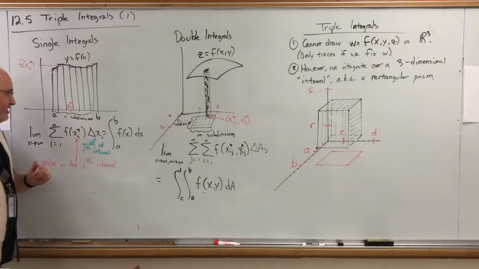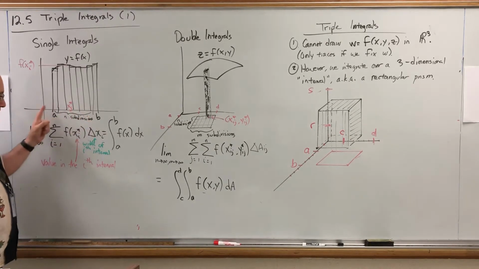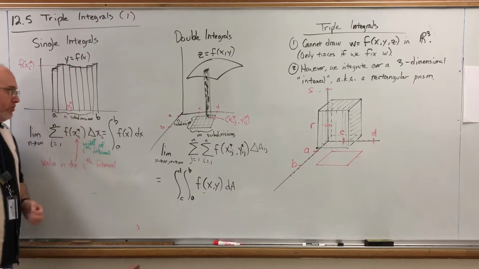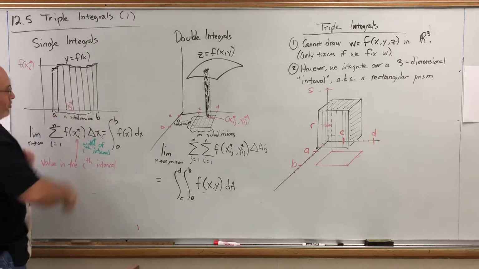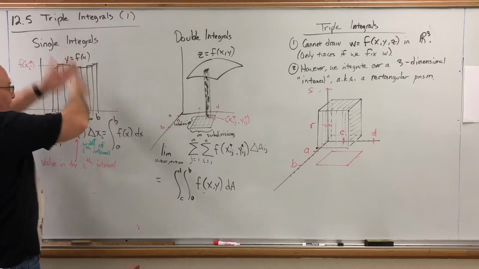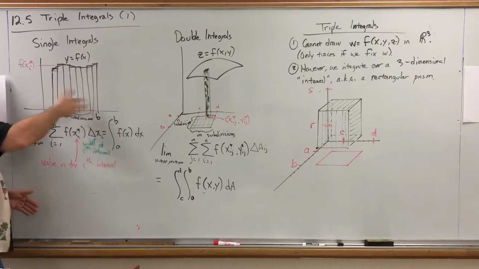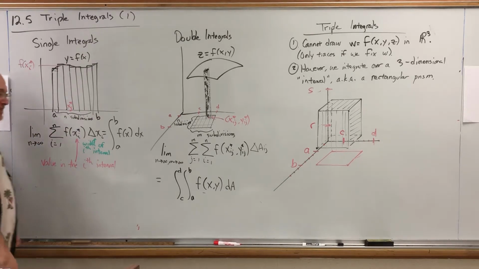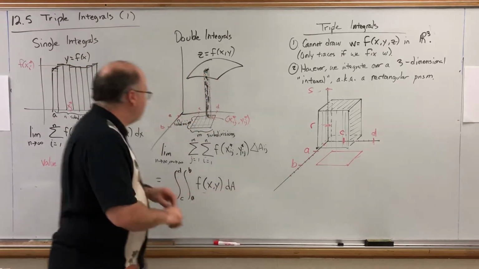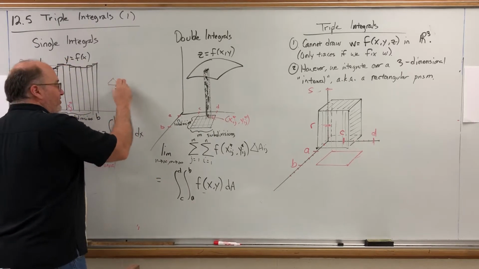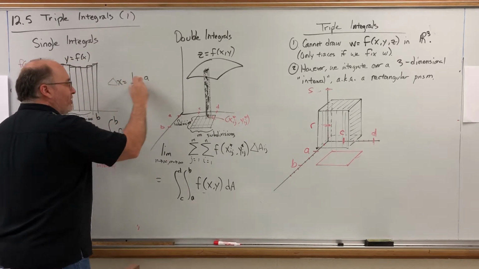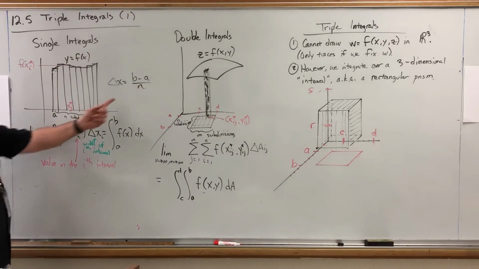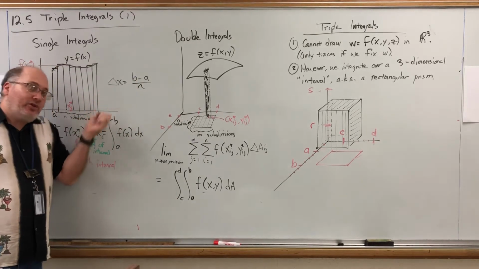It's worth mentioning that saying n approaches infinity, the number of rectangles, is not the same as saying that the delta x's approach 0, because I could take one of these rectangles at the end, cut it into an infinite number of rectangles, and the other ones would be just as wide as they always are, unless you explicitly define the delta x, which is normally defined as delta x equals the length of the interval divided by n, in which case letting n approach infinity does force the delta x's to get closer to 0.